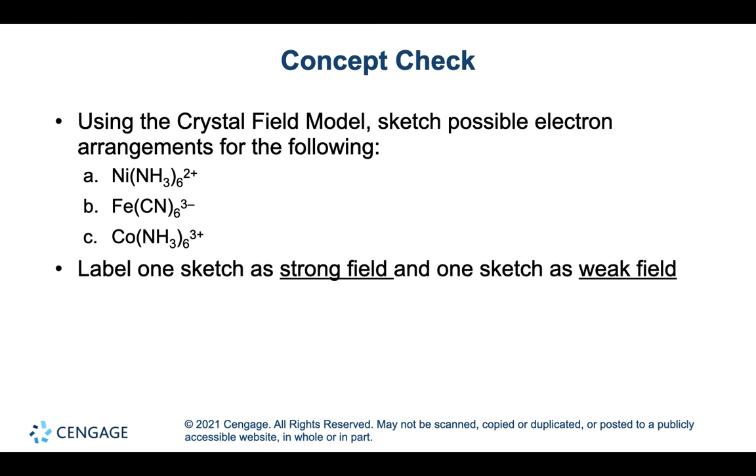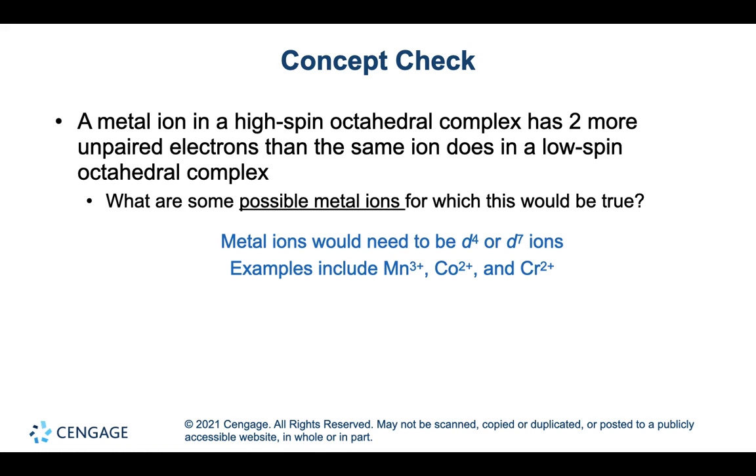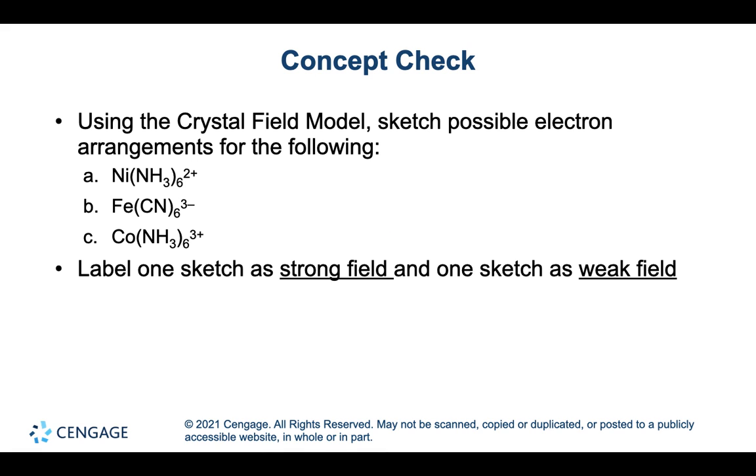So the nickel, nickel comes right before copper, so it's 4s2 3d7, I believe.